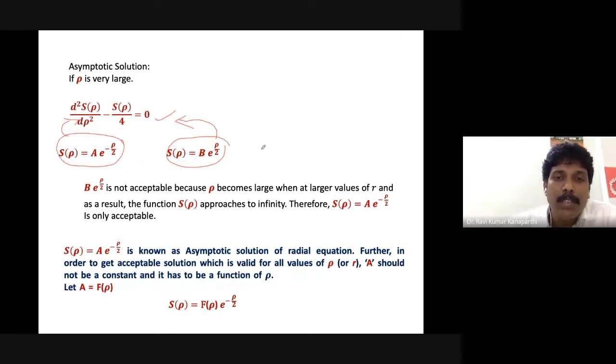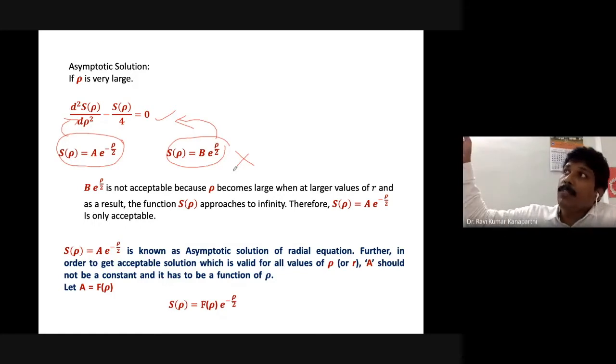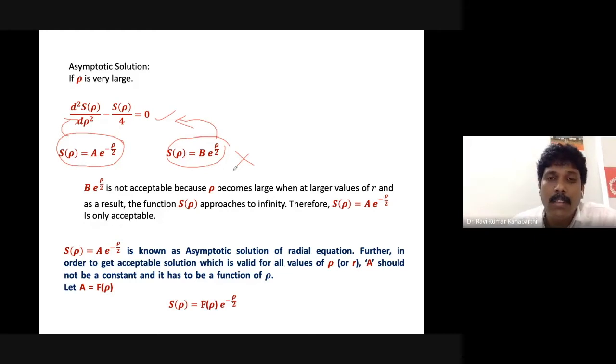But this particular solution we cannot accept, because rho is large means the asymptotic region, very far from the nucleus. If you are very far from the nucleus, the wave function should vanish.